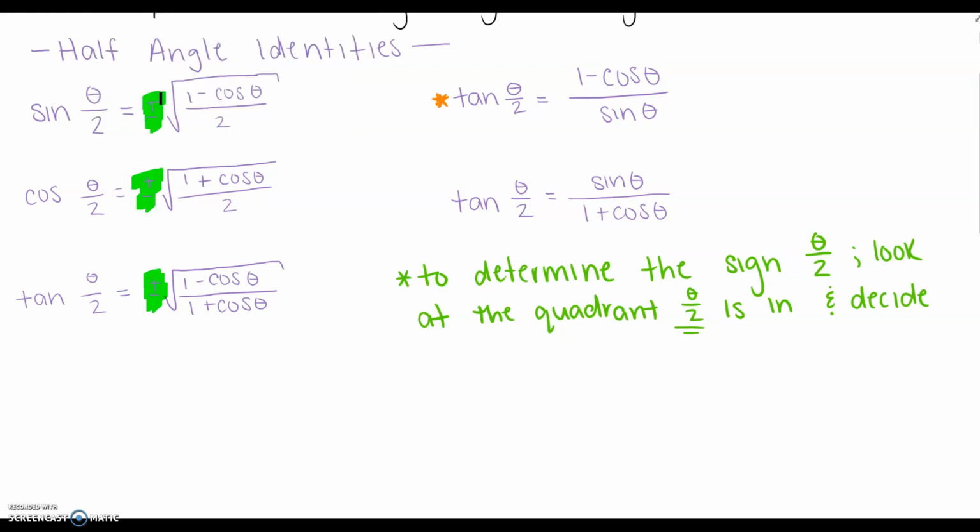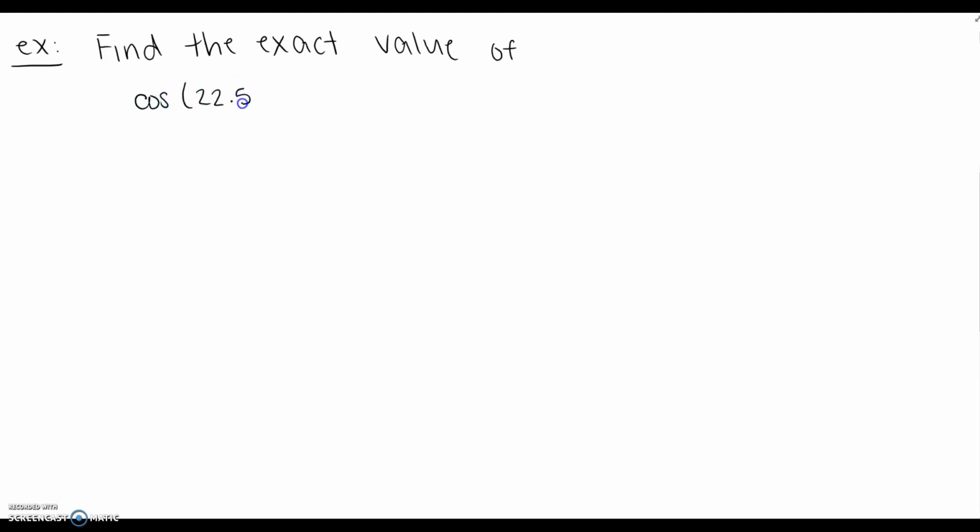Okay, let's move on to an example. So if I ask you to find the exact value of cosine of 22.5 degrees.